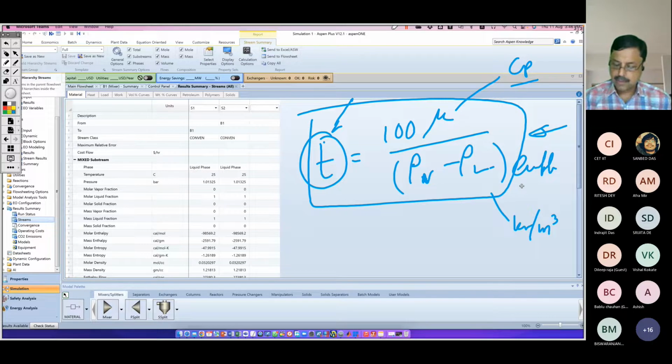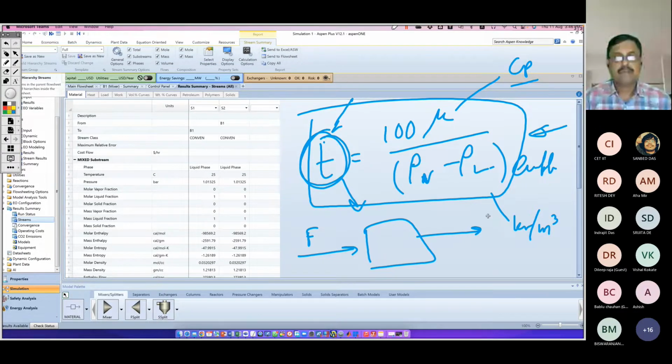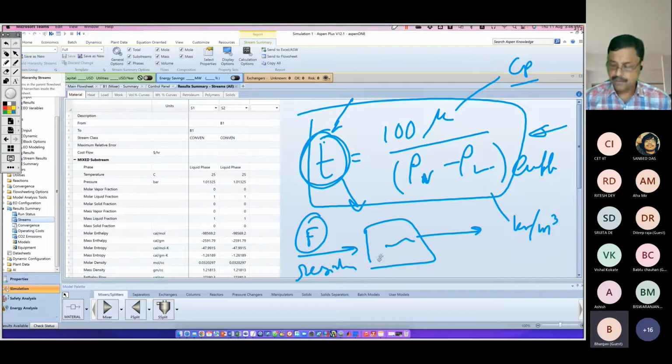So suppose you have a flow rate of, say, F. Then you have to give this much time to the decanter to separate. So the fluid's residence time has to be this much.